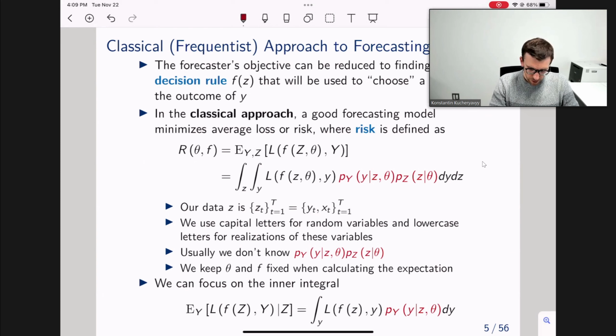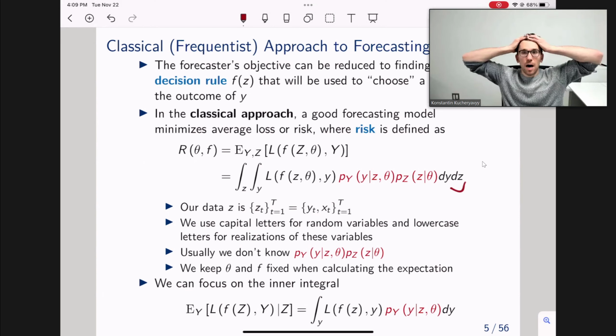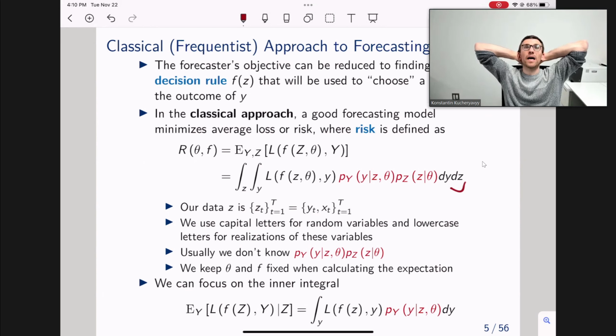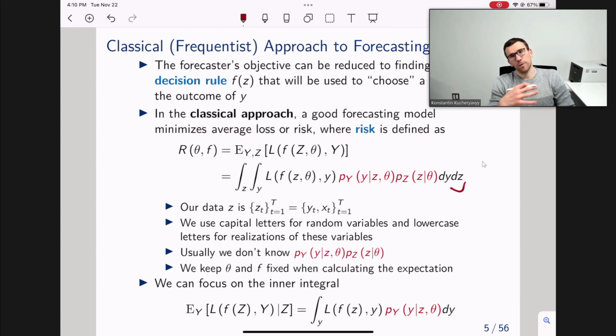So when we are computing this integral, we are computing it across different samples coming from the data. This is, I guess, an inherent feature of the frequentist approach, where the world is viewed as having some true data generating process, and what we observe is a sample from that data generating process.